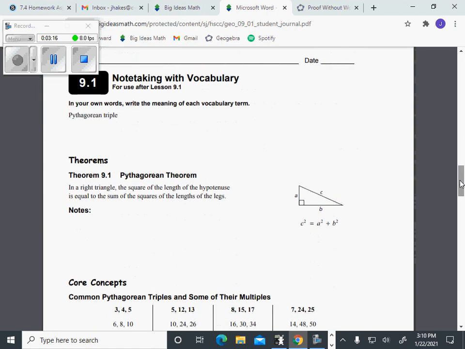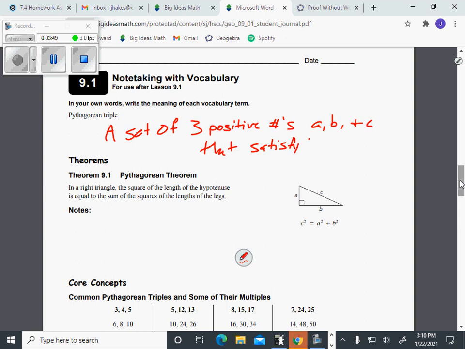A Pythagorean triple. A Pythagorean triple is a set of 3 positive numbers A, B, and C that satisfy the equation A squared plus B squared equals C squared.